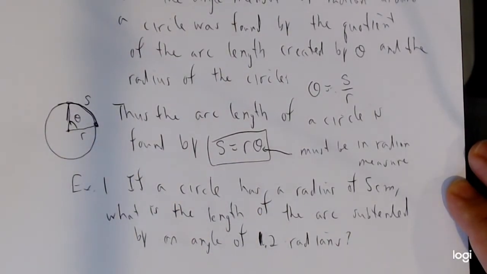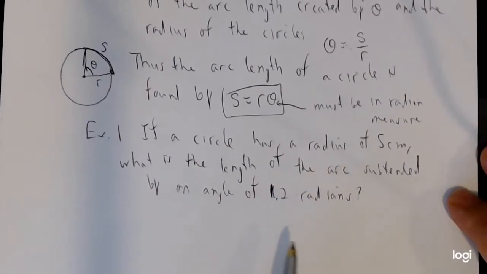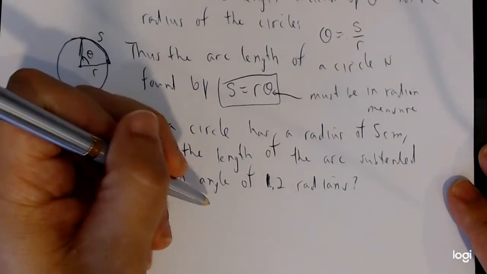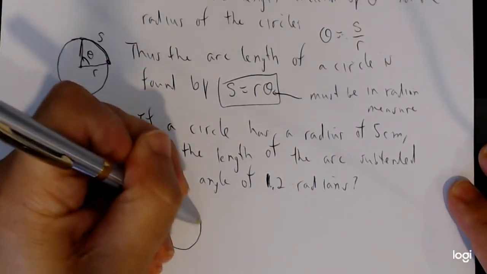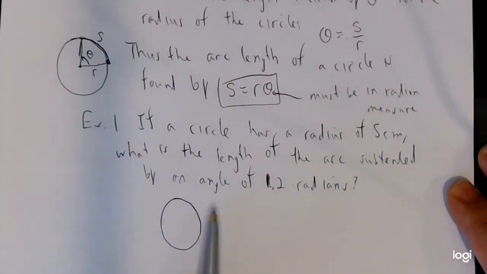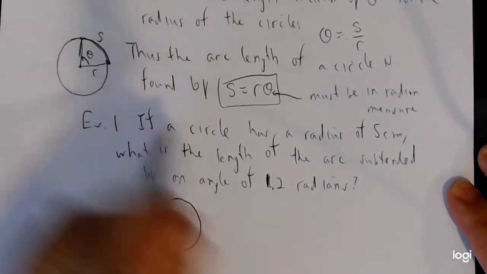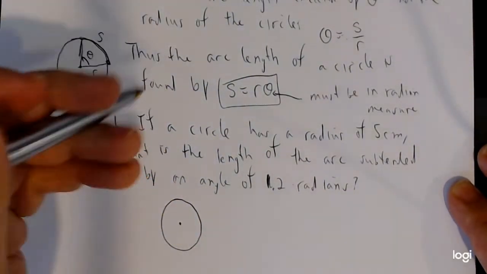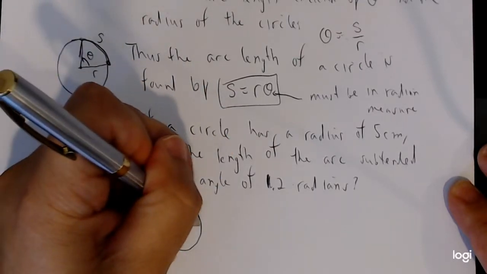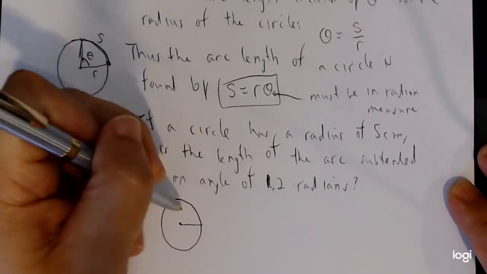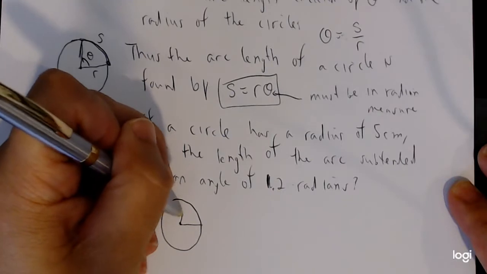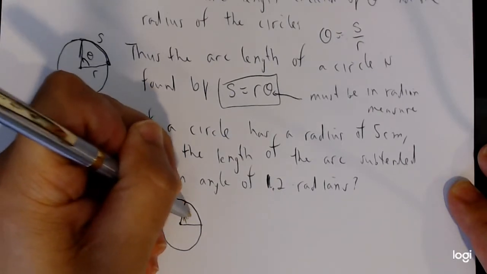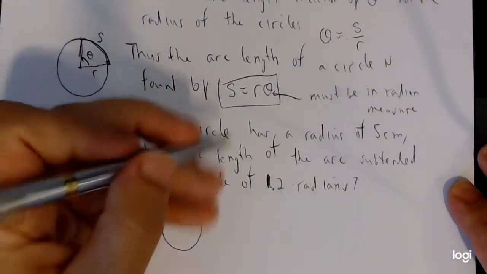So if I come back down to example 1 and draw a picture, we have the circle, the central angle is 1.2 radians, and then we're told that the radius is 5.